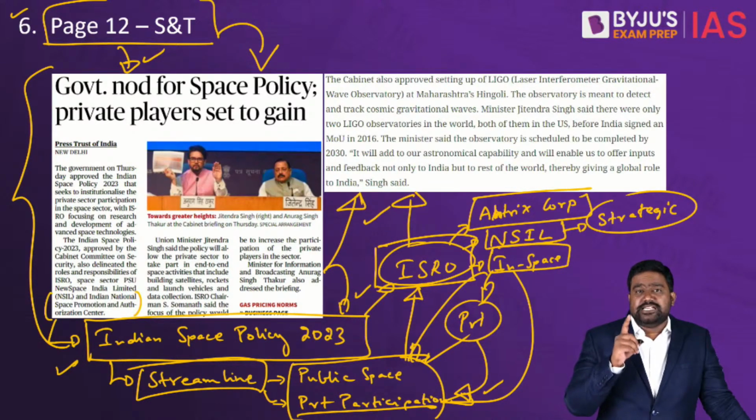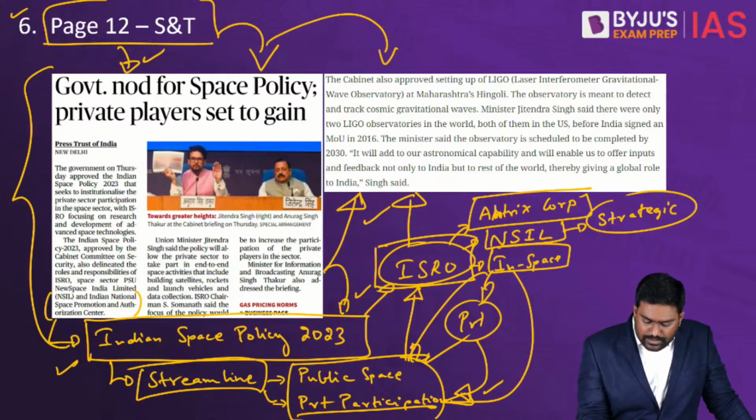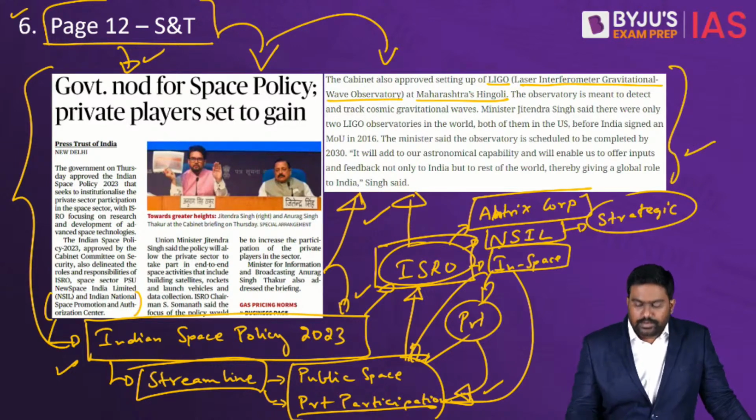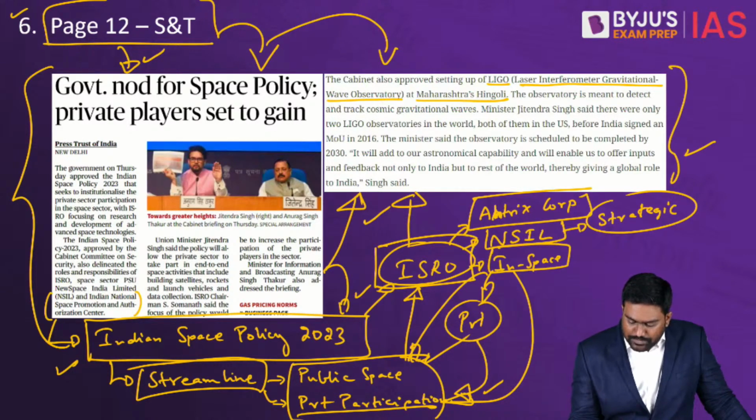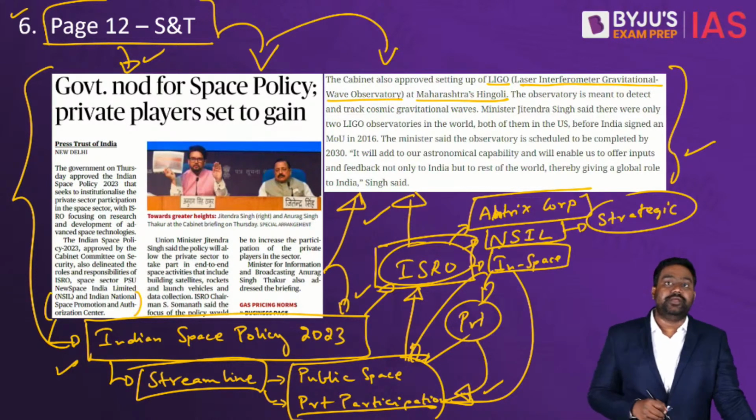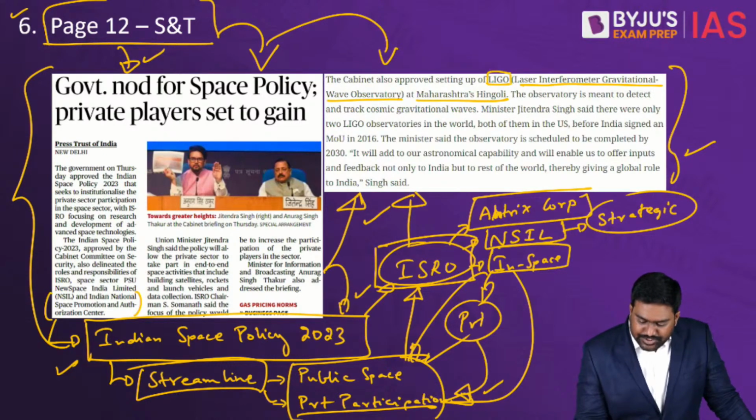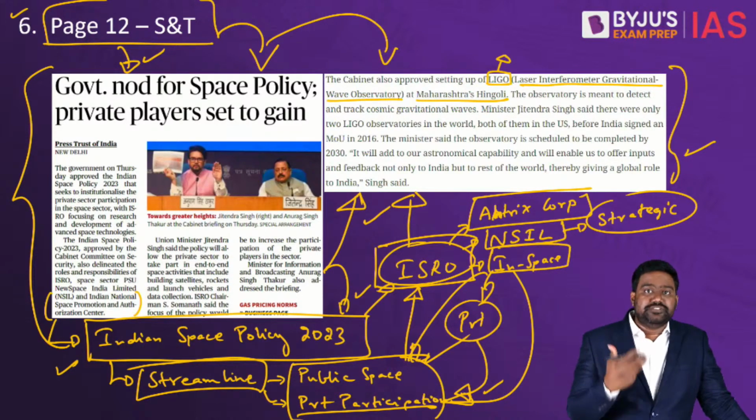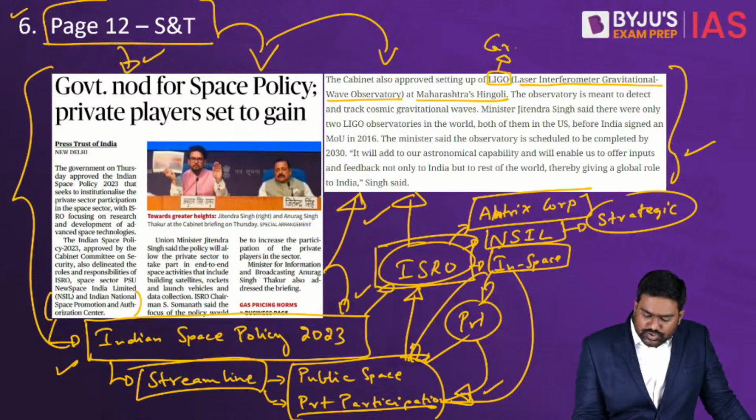Along with this, the cabinet has taken another important decision. It has approved the setting up of the LIGO Observatory in India. LIGO stands for Laser Interferometer Gravitational Wave Observatory. LIGO experiments are large particle physics experiments which are used to detect gravitational waves that cause a ripple in the space-time fabric.